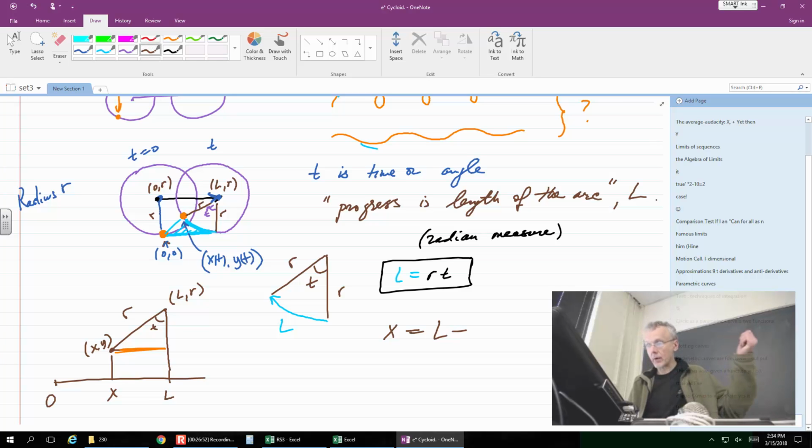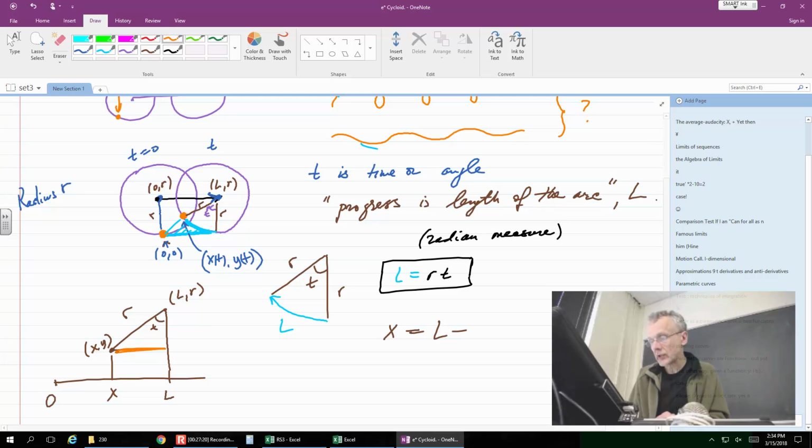And that triangle is, what's the length of the orange piece? From the triangle? It's just L minus X. No, yes, but no, I'm trying to find x. So I need to express that orange one in terms of the triangle that I'm looking at using t and r. How do we express that?